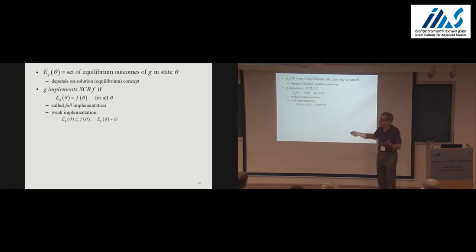But if we have a characterization of full implementation, we get weak implementation for free, because weak implementation just means full implementation of some subcorrespondence of F. So we don't have to do any extra work for weak implementation.